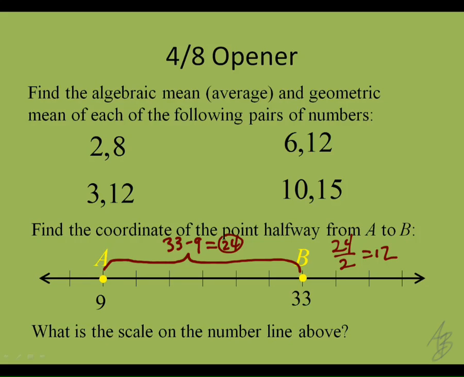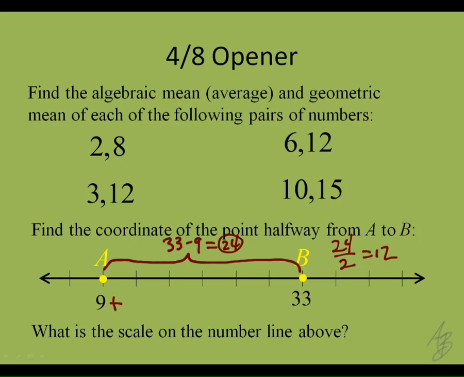Okay, so I'll explain it for you. Half of 24 is half of the distance from A to B, right? So if we want to find the number that's halfway between A and B, we add half of that distance and we get to the halfway point. So if we're going from 9 to 33, halfway is going to be 12 units past the 9. So we can add 12 here to get 21 wherever the midpoint is.